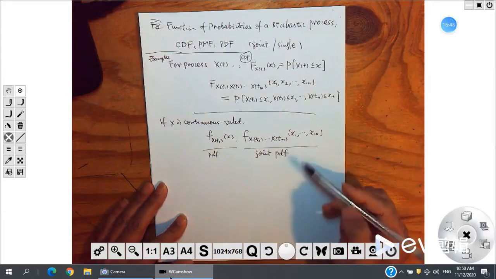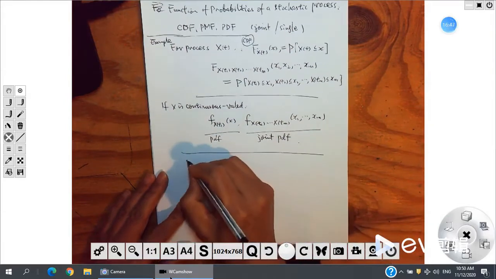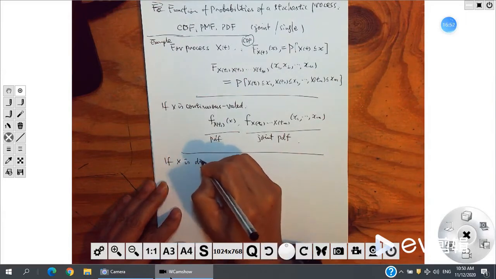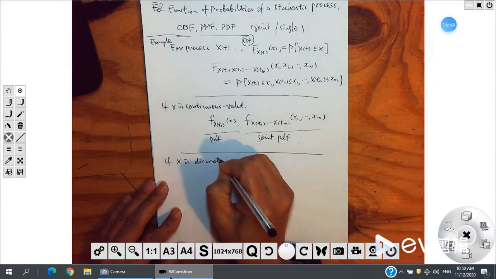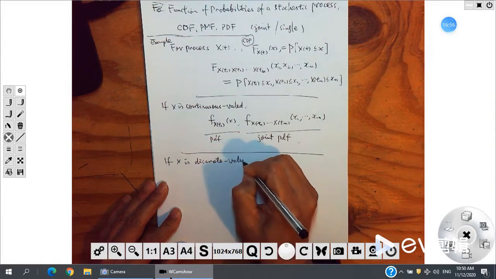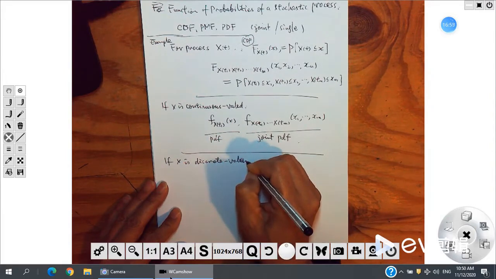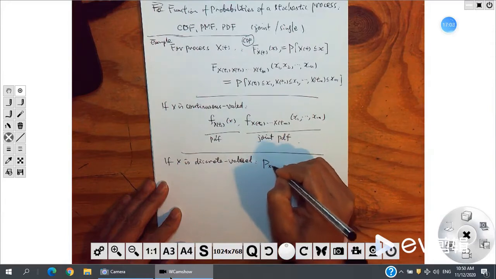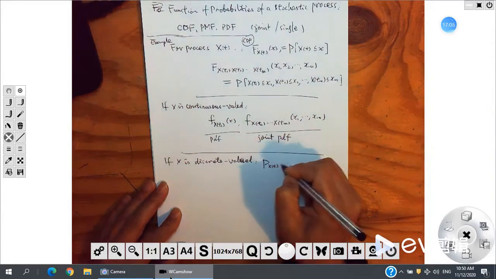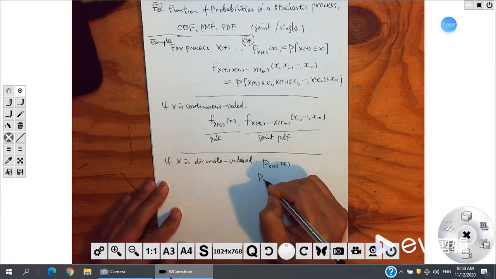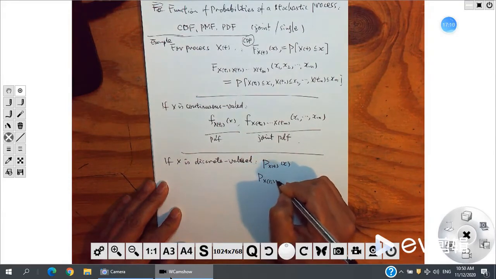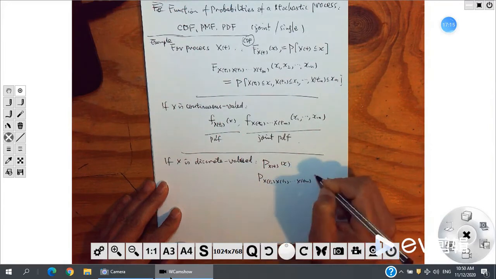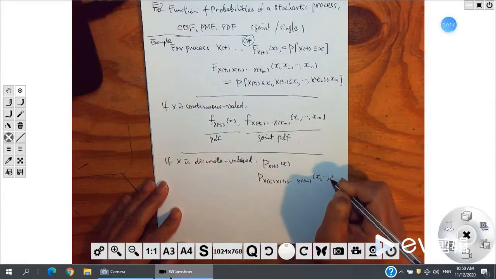And if x is a discrete value, then you have the PMF, p xt of x, or p of xt1, xt2 to some xtm, then x1 to xm.